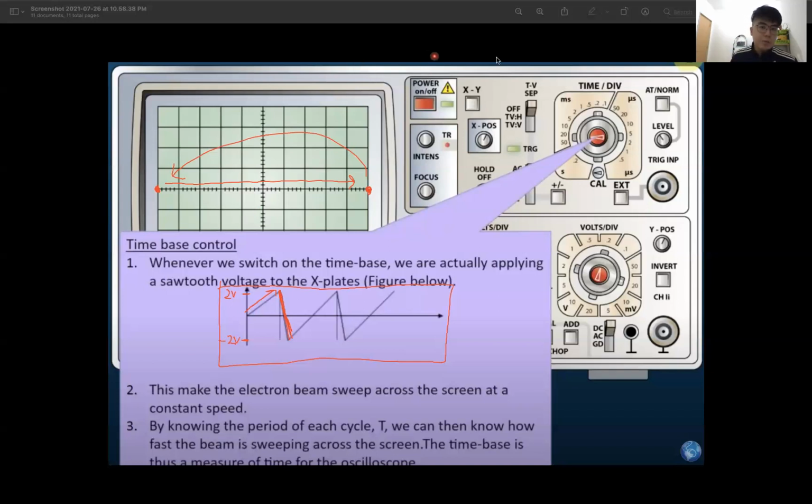So what do you see? You see a line, a green horizontal line like this. Actually, it is moving, but you cannot see. It moves so fast that it forms a line. Okay, so that's the time base. Remember that. Okay, we go to the next one. Last one, this one.